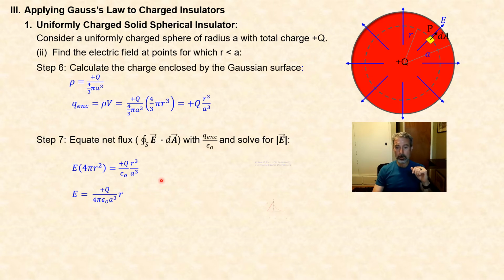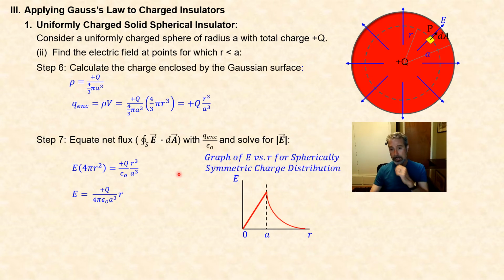So we can try to graph this, and hopefully you see why this becomes the shape of our graph. What we're saying is if we're looking at a graph of the electric field versus radius, which really means distance from the center of the charge distribution, right at the center, the electric field would be 0 because there would be no charge beneath it, no charge enclosed.